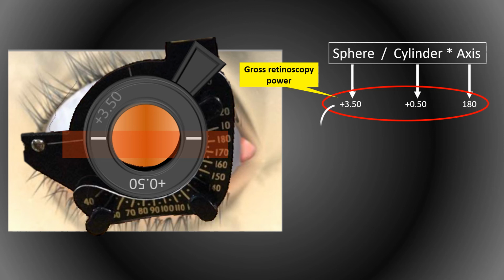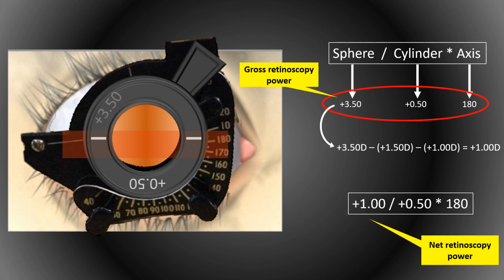So plus 3.5 diopter minus 1.5 diopter, which is the power of the working lens, and minus plus 1 diopter cycloplegic tonus allowance is equal to plus 1 diopter. So net retinoscopy power is plus 1 diopter spherical with plus 0.5 diopter cylinder at 180. And this is how you get the final refractive power of the patient.